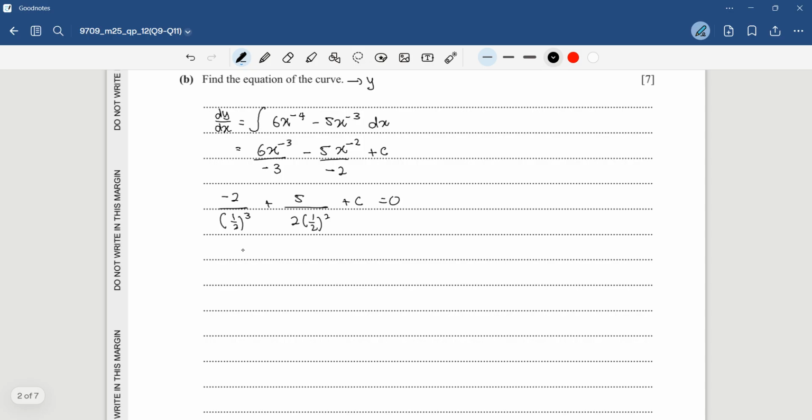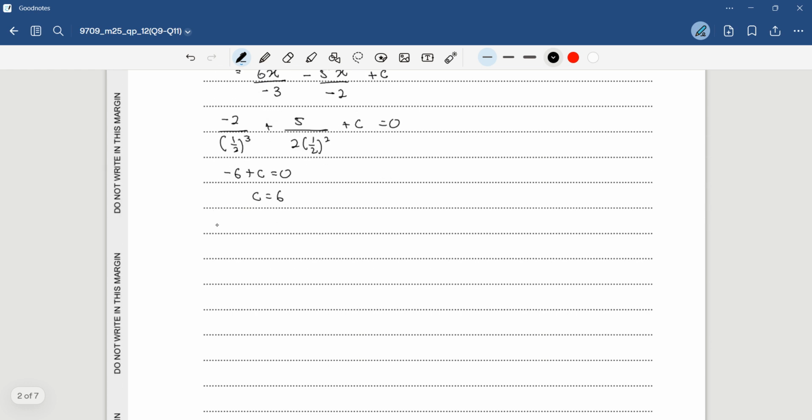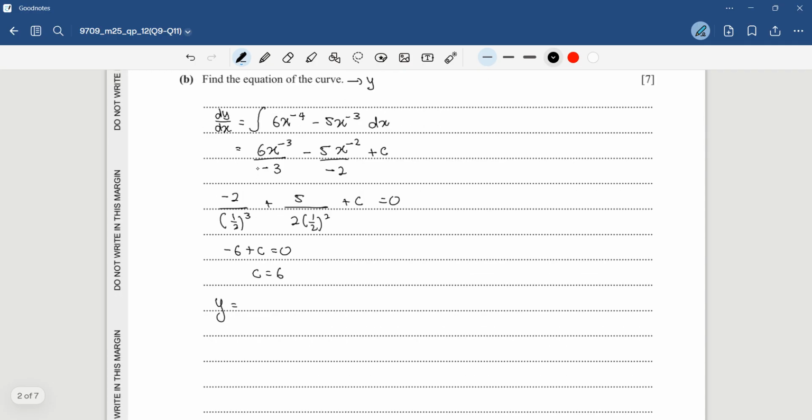Therefore negative 6 plus c equals 0, so c is equivalent to 6. Then in order to find your y, we integrate this. I can just write back here: dy/dx is equivalent to negative 2 over x cubed plus 5 over 2x squared plus 6.